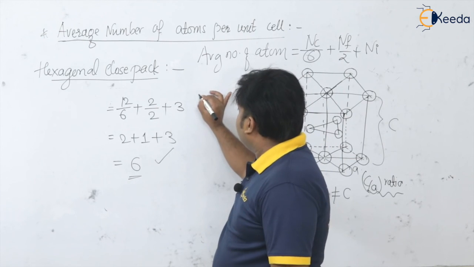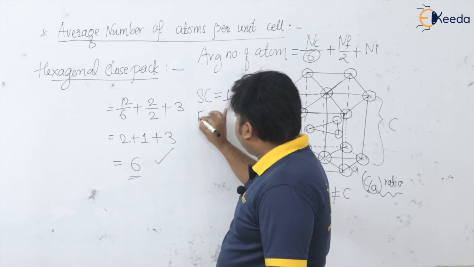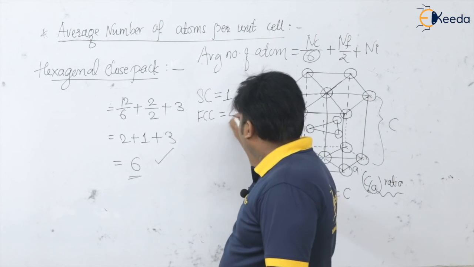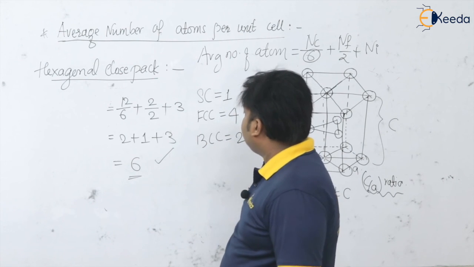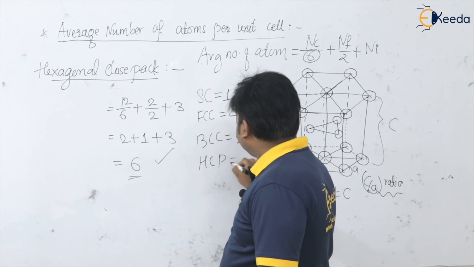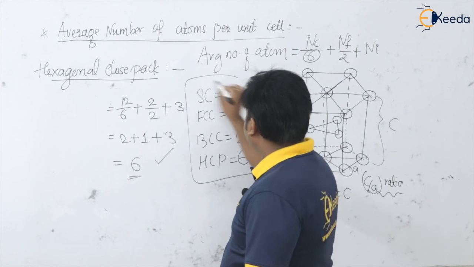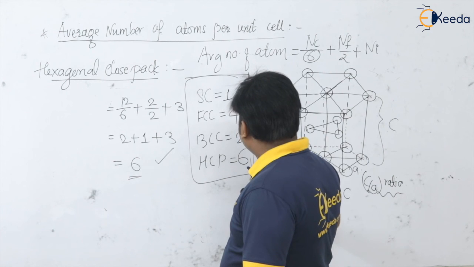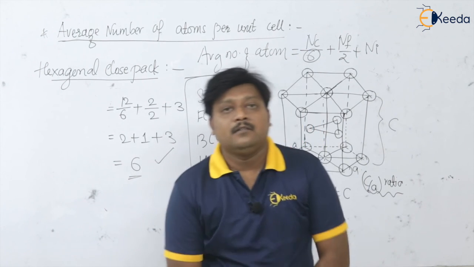Definitely सिंपल क्यूबिक के लिए कितने होते हैं? 1. फेस सेंटर्ड क्यूबिक, match the pairs के लिए बहुत बार आता है, 4. बॉडी सेंटर्ड क्यूबिक, 2, isn't it? और हेक्सागोनल क्लोज पैक स्ट्रक्चर के लिए कितने? HCP के लिए कितने होते हैं? 6 होते हैं. Okay, please you can directly keep it in mind, you can get direct answers. Thank you.